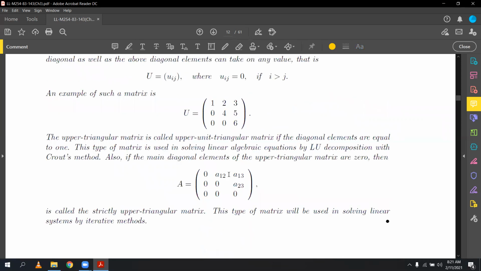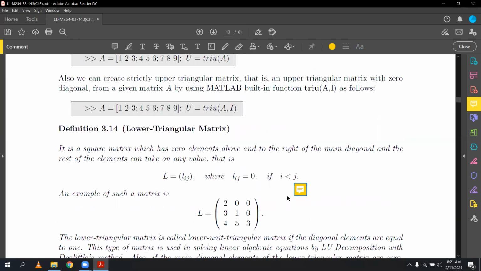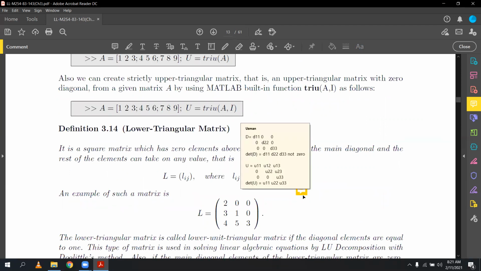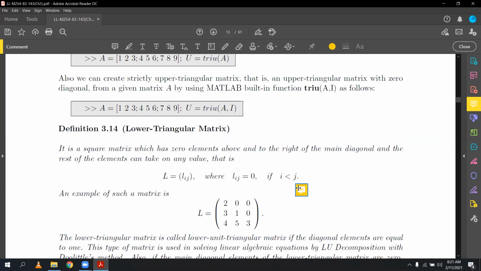The same thing happens with the lower one. What is the determinant of the lower one? I give it to you directly: it is always L11 multiplied by L22 multiplied by L33.